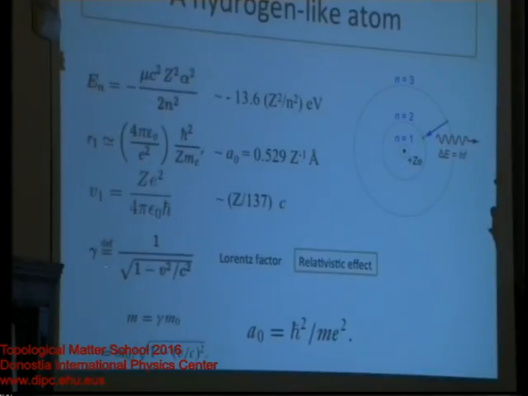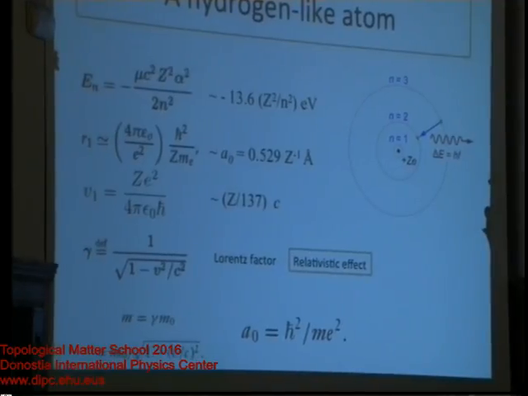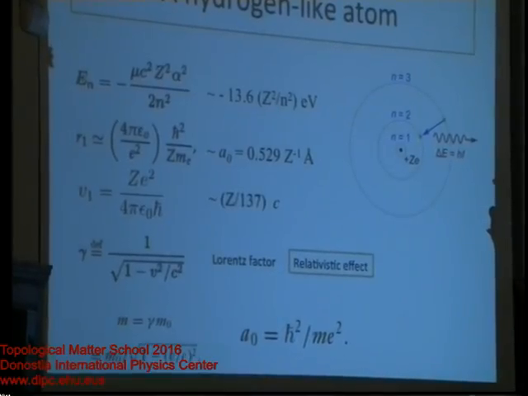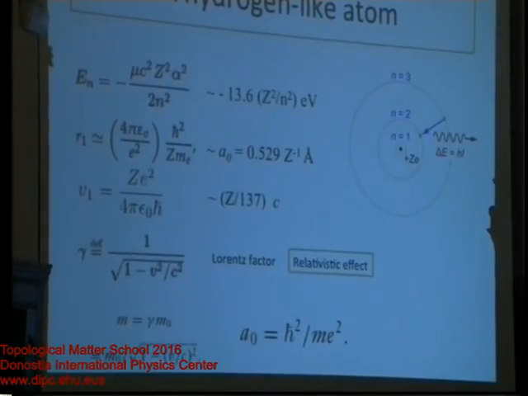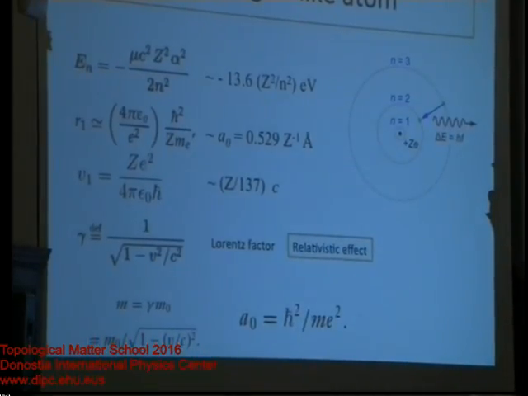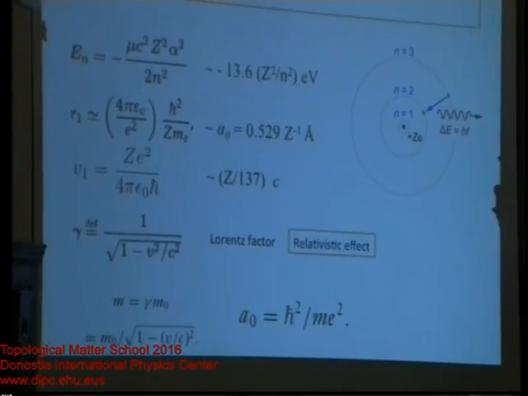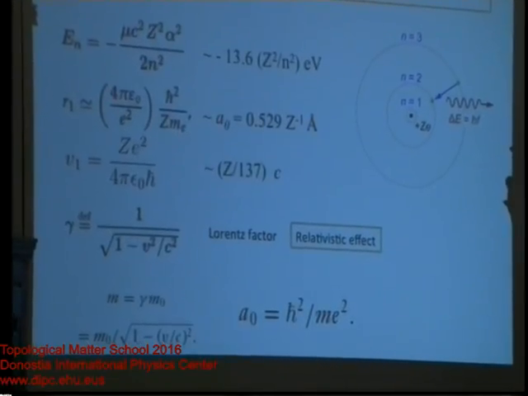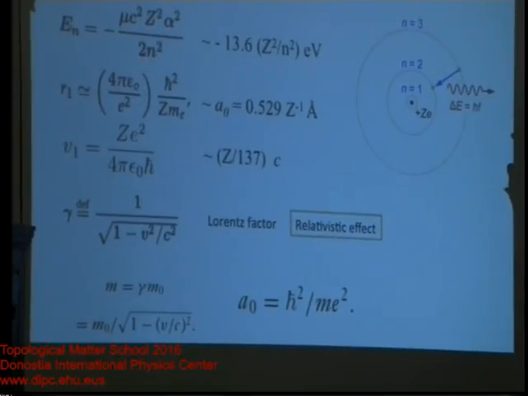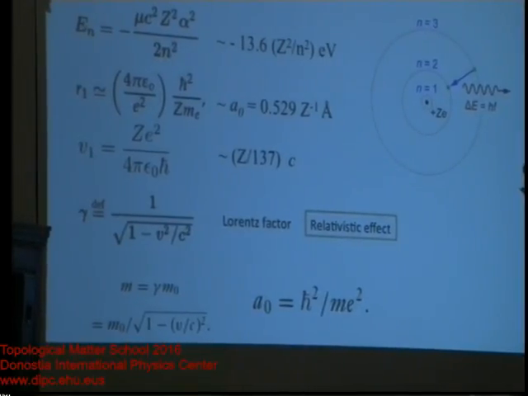In that case, this gamma value will not be negligible. Then we will see the electron inside the core. Here I just talk about the 1s orbital. Inside the core, its mass will be much larger than the electron rest mass, usually for example 20% larger. Then its radius will be much smaller, and this change will make a dramatic change in the electronic property.